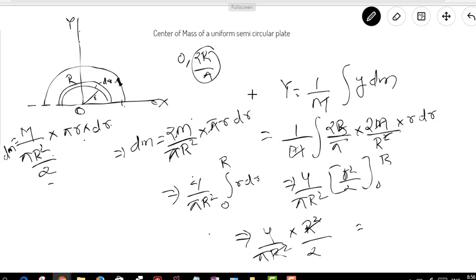I have taken the value of y as 2 capital R, but since this is our semicircular plate and this is our differential element which is at distance r, this should be 2r by pi.